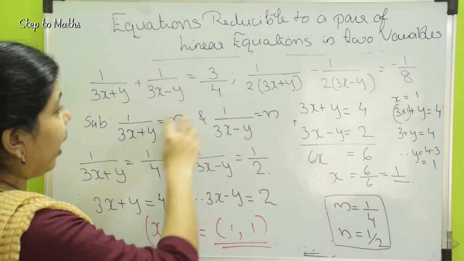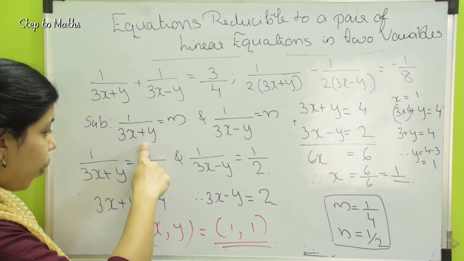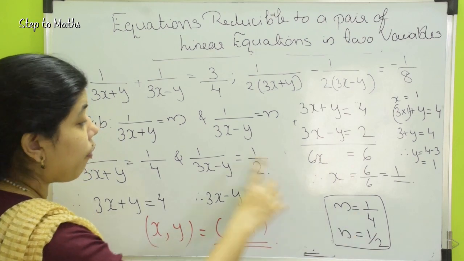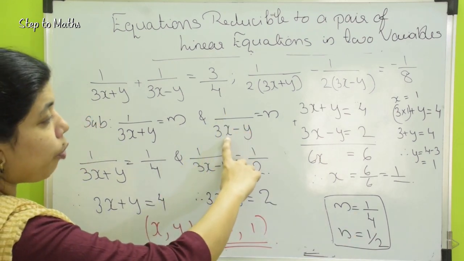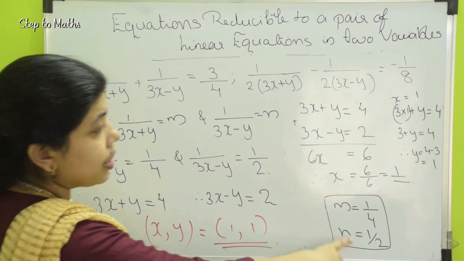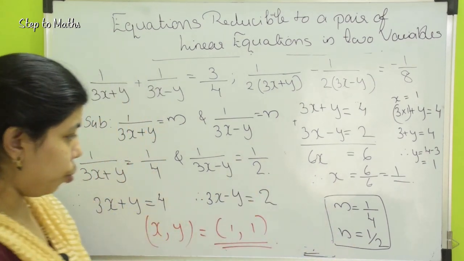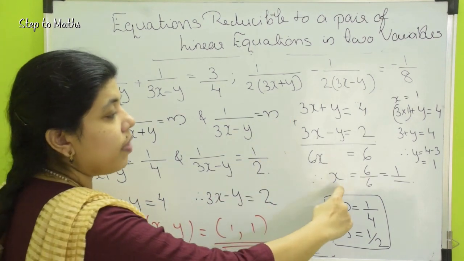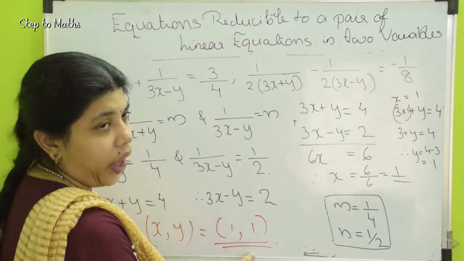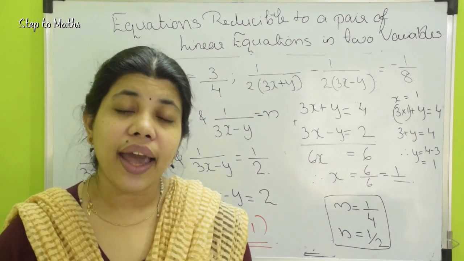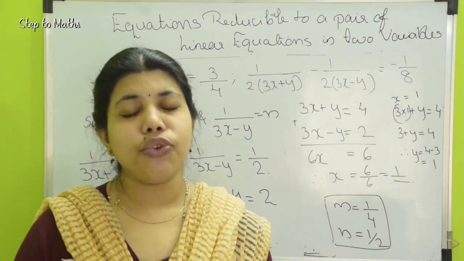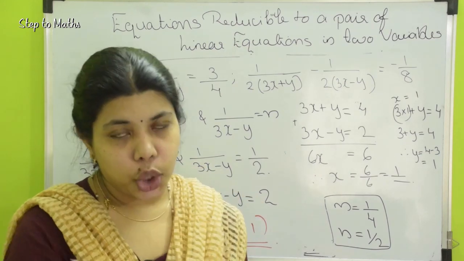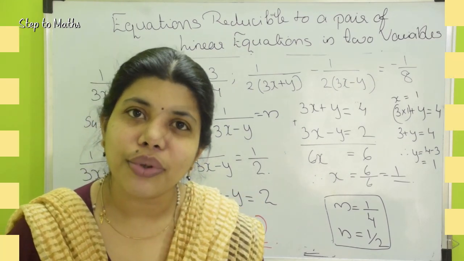And here m is 1 upon 3x plus y, so we substitute that value. 1 upon 3x plus y is equal to the value of m, 1 upon 4, and 1 upon 3x minus y, that is n, n is 1 upon 2. We get two equations, and after solving those we get the values of x and y. In this way we can reduce a given equation into the form of linear equations and solve those equations. Thank you.